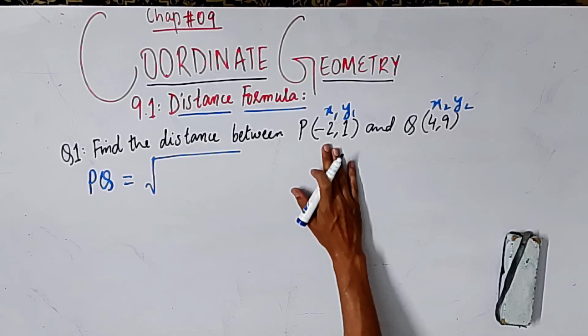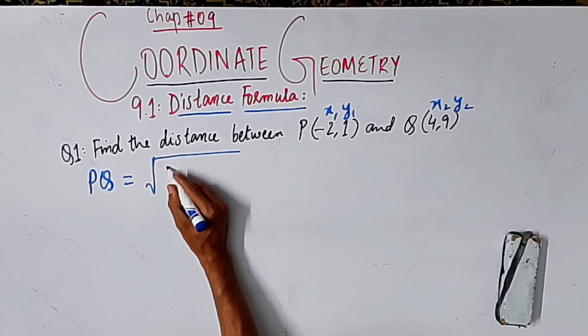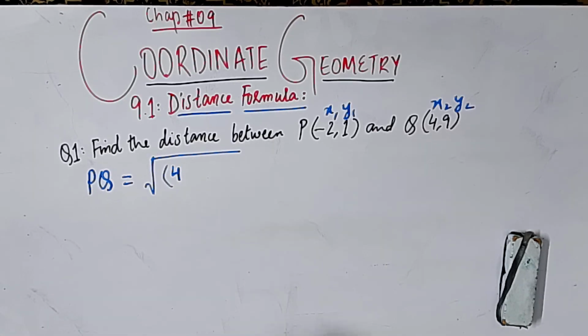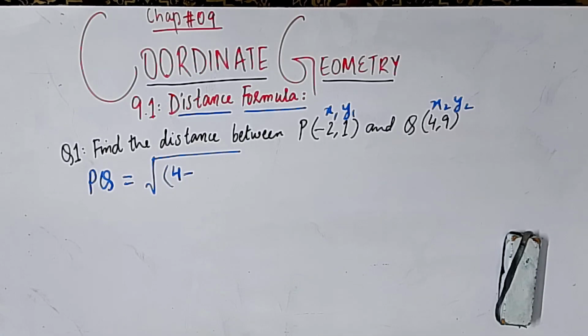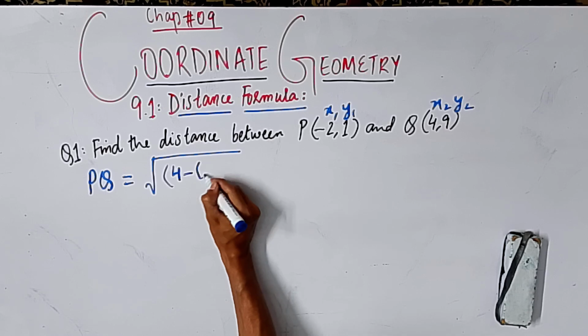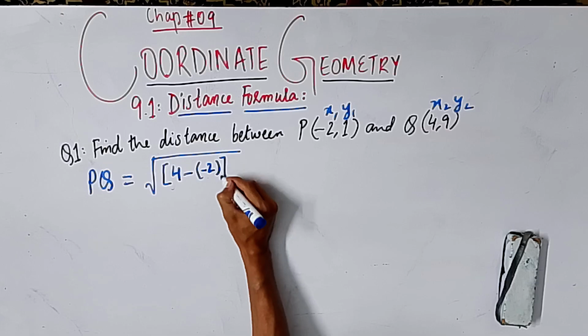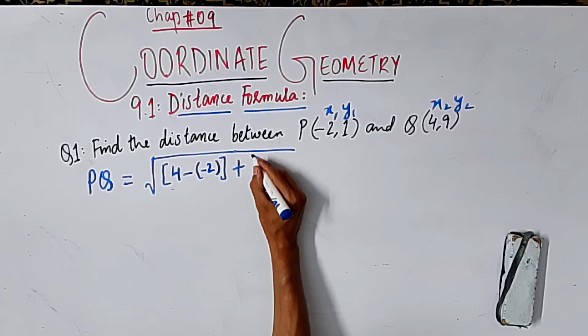So if I am taking this one as x1 y1 and this one as x2 y2, I will do 4 minus minus 2, plus y2 minus y1.